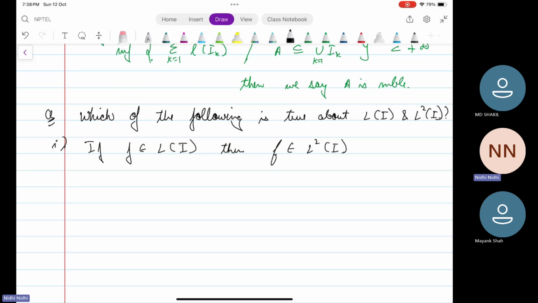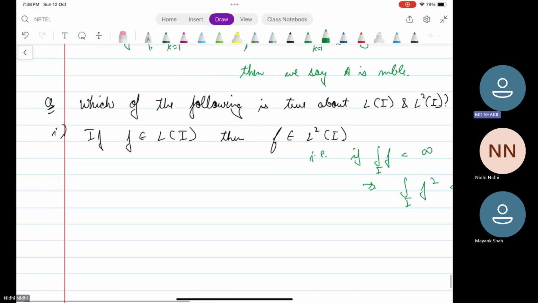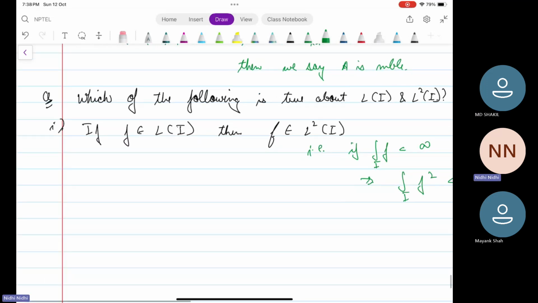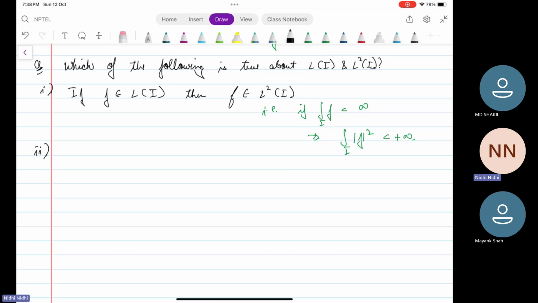That means if the integral of modulus f is finite, should it imply that its square will also be finite? Taking the square, because square is always positive, taking modulus or not is fine. So is it true? If not, can you find some example?